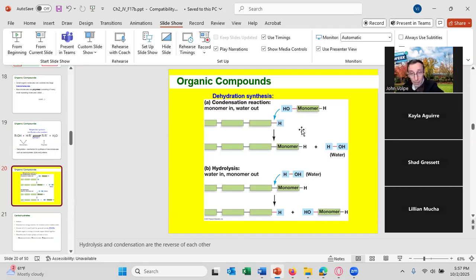An exact example of this would be when you eat a lot of sugar or glucose and it breaks down to glucose into your blood, and then the glucose is added to glycogen in your liver. The glucose will be added to the glycogen, and then you get a larger polymer, a larger glycogen molecule, because the monomer of glucose has been added to it, and then water is formed.